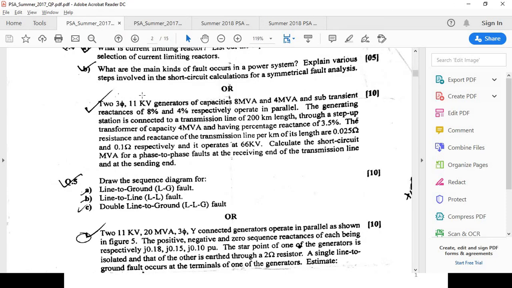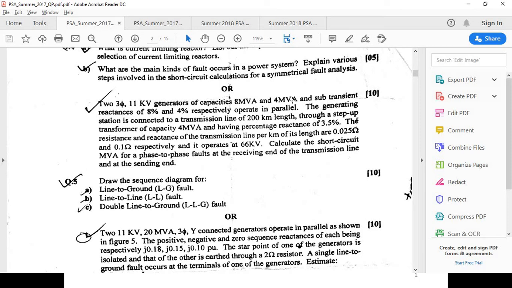So what is the given data? Two 3-phase 11 kV generators of capacities 8 MVA and 4 MVA and subtransient reactances of 8% and 4% respectively operate in parallel. That is, two generators operate in parallel and their reactance and rating are given.